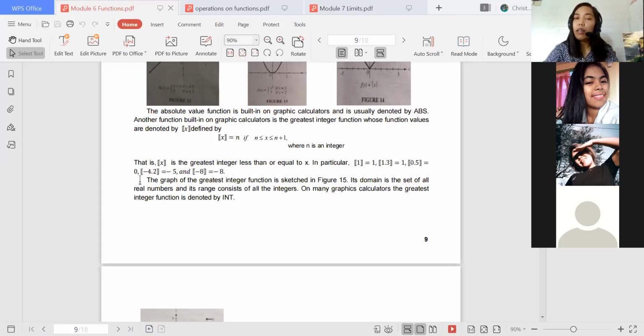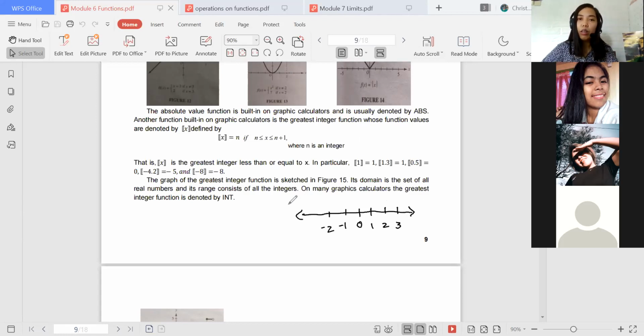Okay? And the greatest integer of negative 4.2. Alam naman natin we can represent integers using a number line: 0, negative 1, negative 2, and we have 1, 2, 3, and so on and so forth.